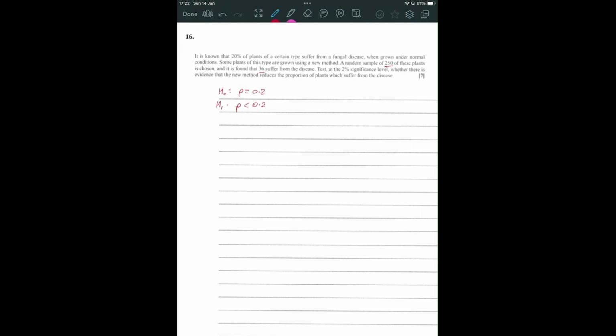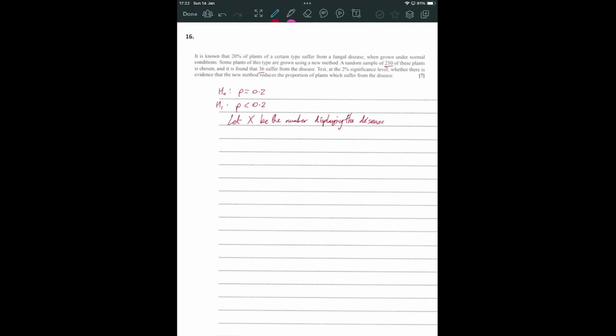I'm now going to define my variable. So let X be the number displaying the disease, and spelling is always difficult.